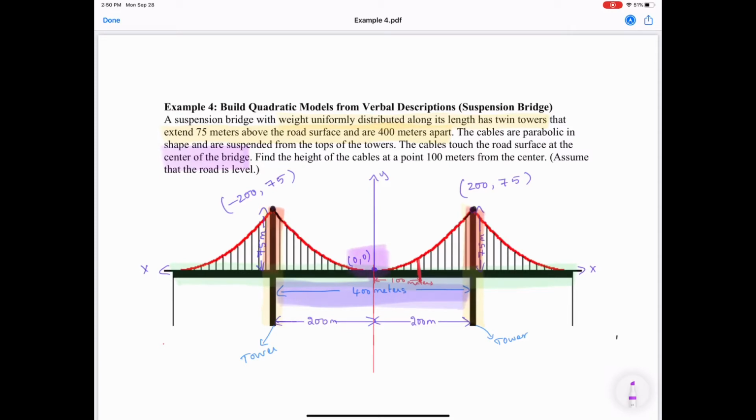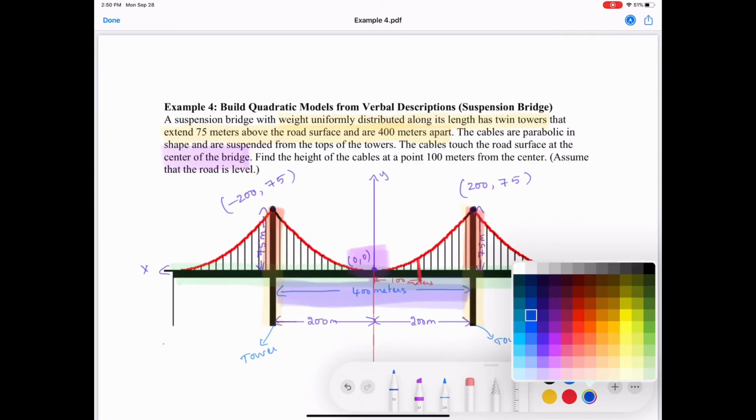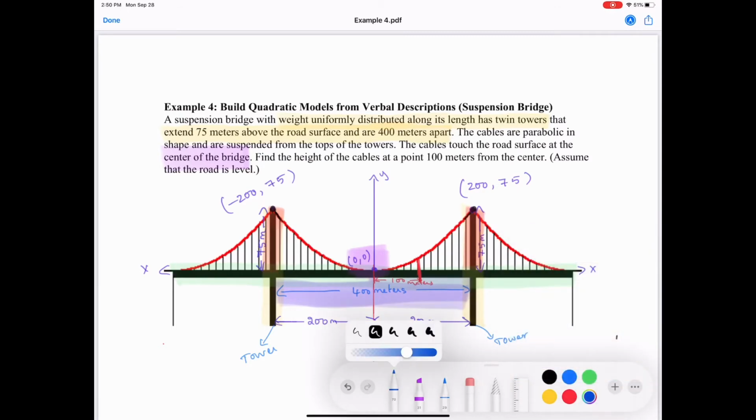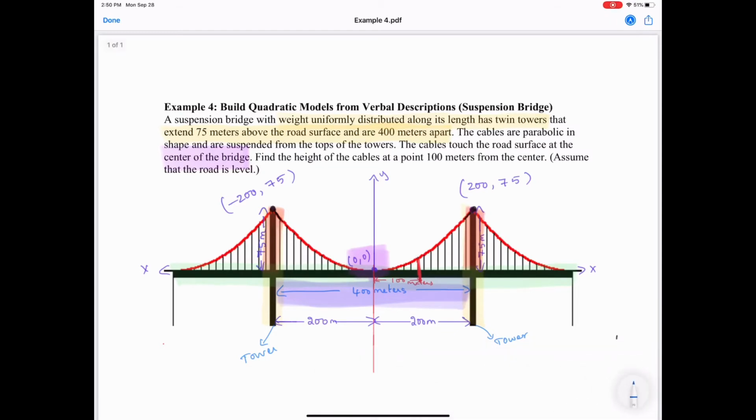Now the question is asking us to find the height of the cable when your x value is 100 meters. So in other words, I need to find the y coordinate. X is 100, and I need to find what the y coordinate is.